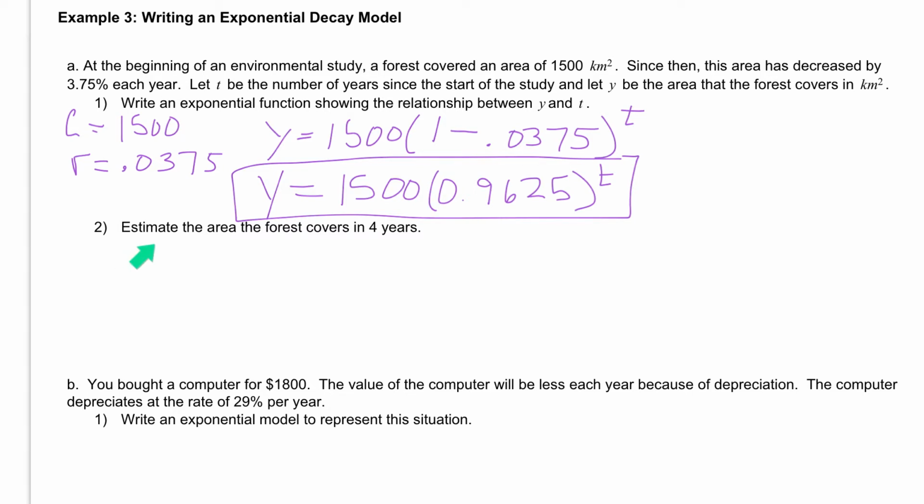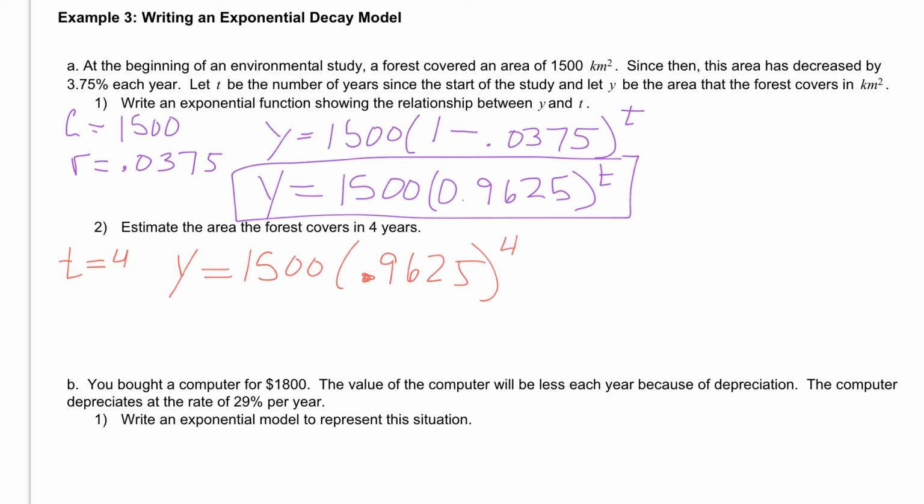And then in number 2 here, it says estimate the area the forest covers in 4 years. Well, T is our time in years. So we are going to evaluate this when T is equal to 4. And we get Y is equal to 1,500 times 0.9625 raised to the 4th.